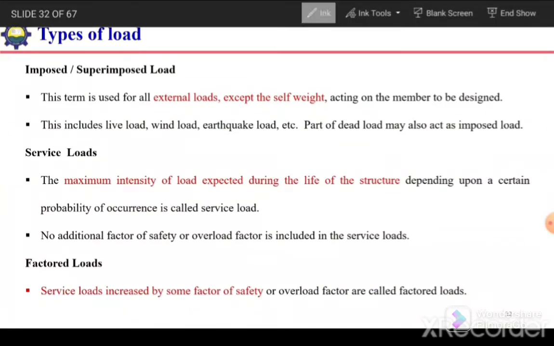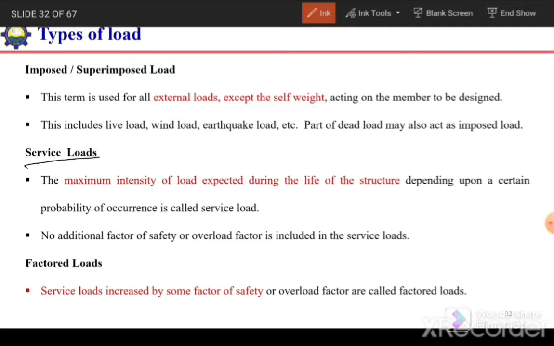Next is imposed or superimposed load. All the externally applied loads except the self weight are termed as superimposed load. It may be live load, earthquake load, or wind load. The next term is service load.